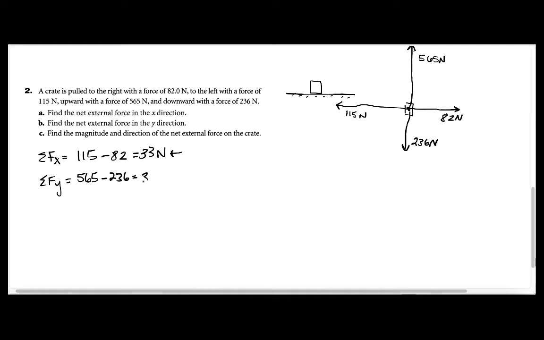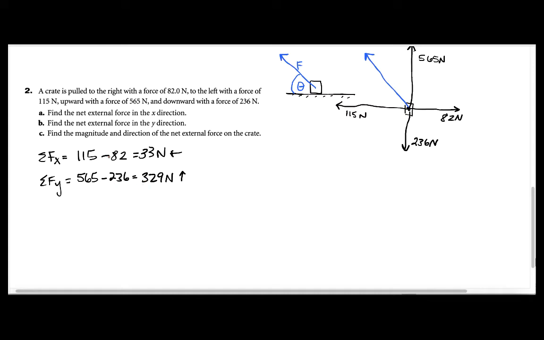And that leaves me with an overall force of 329 newtons. And again, that is going up. So overall, I have a force on this that is going up and to the left when it's pulling on that box. So I'm going to find this angle here and this net force.